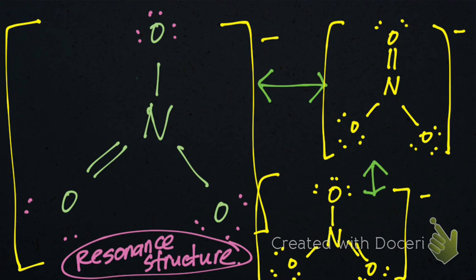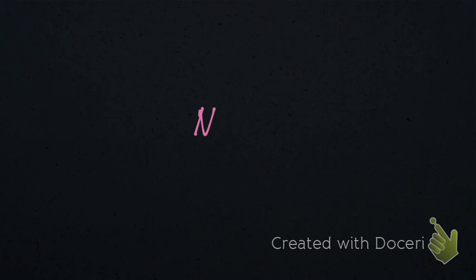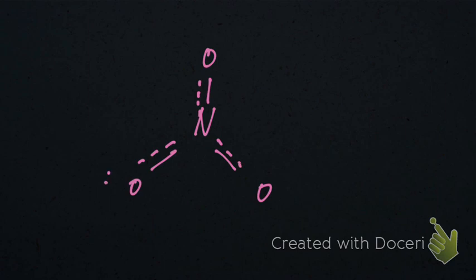All 3 are happening at the same time. So a third way you can draw this technically is drawing little dashes for each of those.